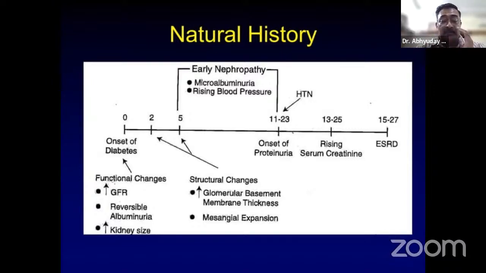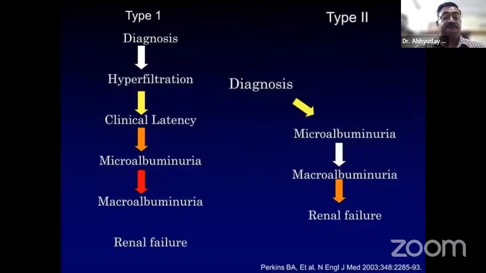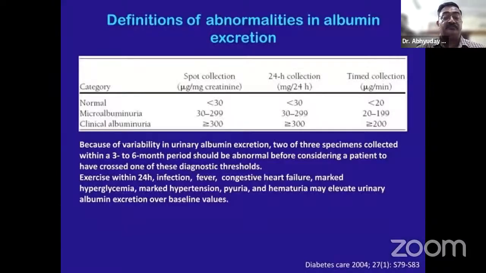But then, if we don't take care, we may have structural changes like increase in glomerular basement membrane thickness, mesangial expansion, the onset of proteinuria, increase in serum creatinine, and end-stage renal disease. So again, same micro, macro, and renal failure.